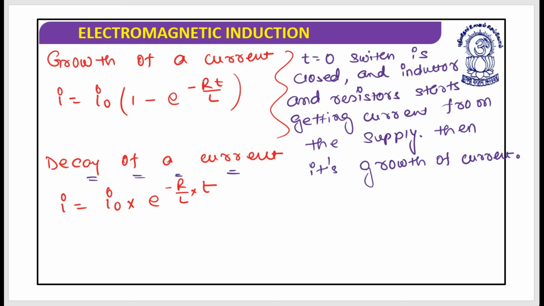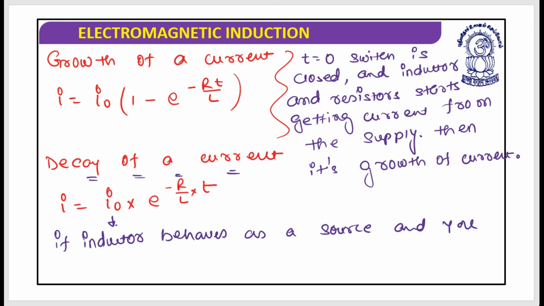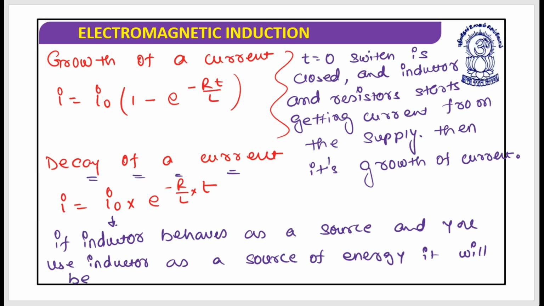Now as it's a decay of current, in this situation, if the inductor behaves as a source, and you use the inductor as a source of energy, it will be decay of current.